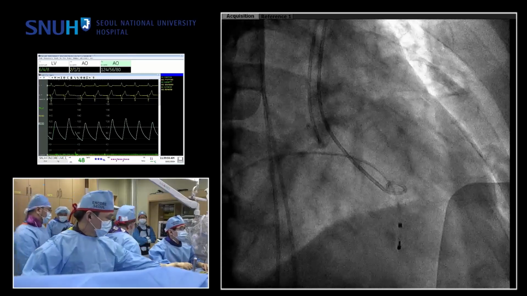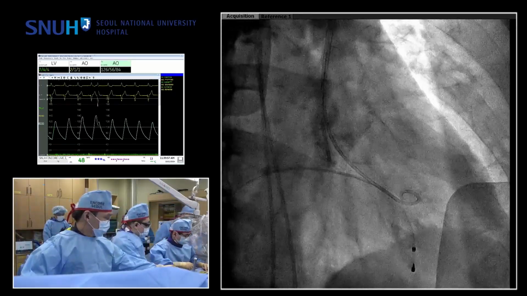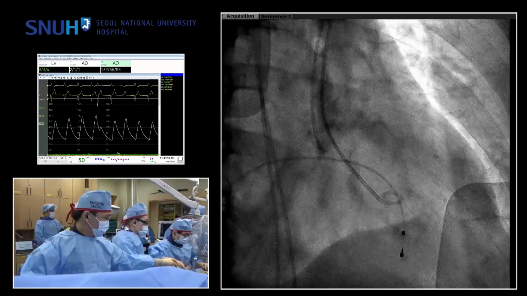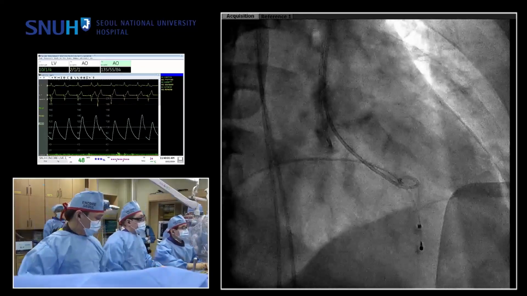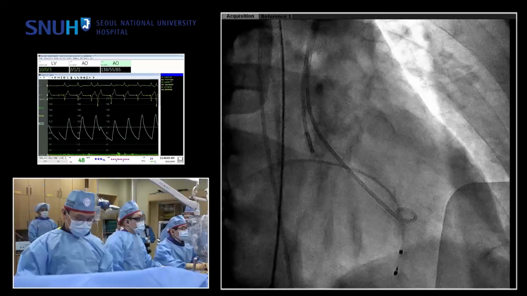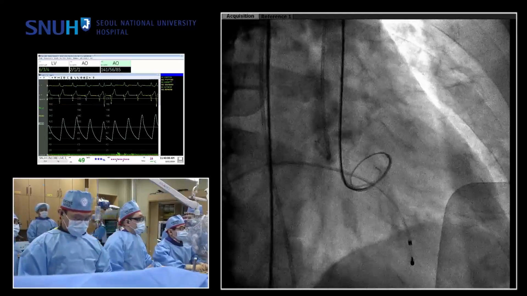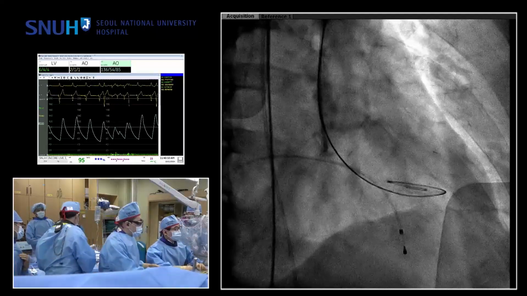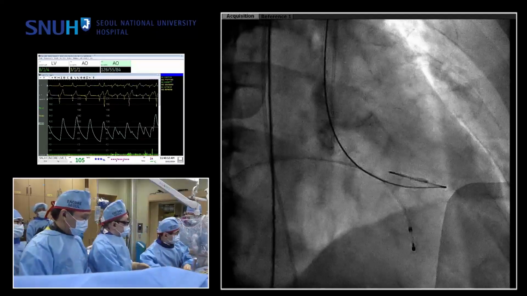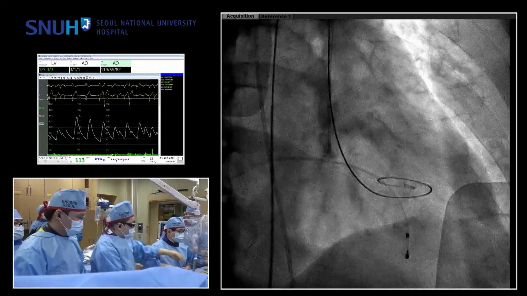I'd like to ask one question. Actually, when you use the Accurate Neo, oversize index is 20. Is the 20% oversize? Maybe there is some possibility to develop the rhythm disturbance, particularly in this patient.